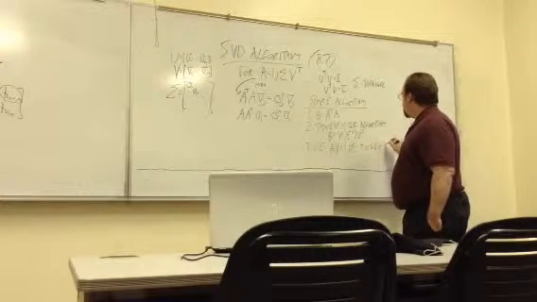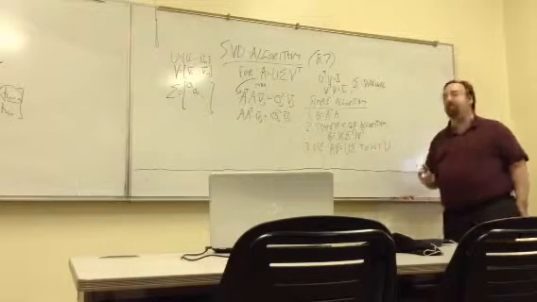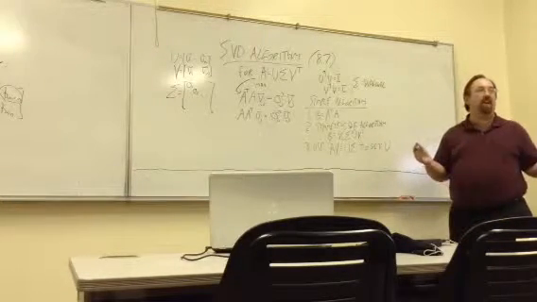So I can use that relationship to get the columns of U. And then I'm done. I have the SVD.